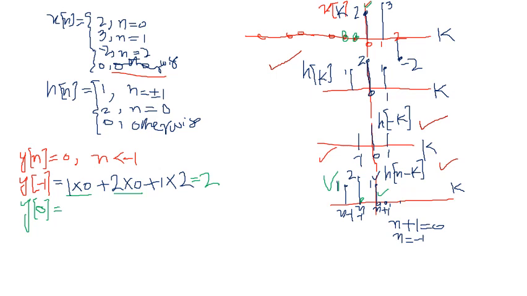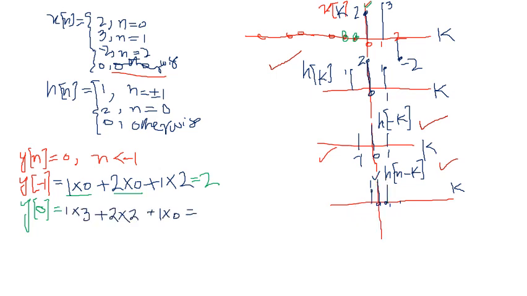If you shift the signal 1 unit, now this n plus 1 will correspond to 1, so you have something like this. So I've shifted 1 unit this way, so again we do the same corresponding multiplication and then summation.